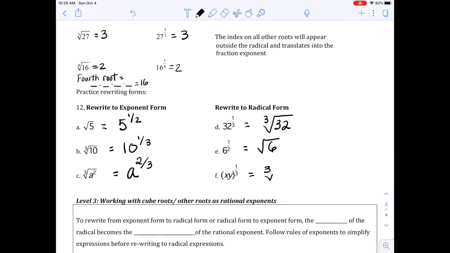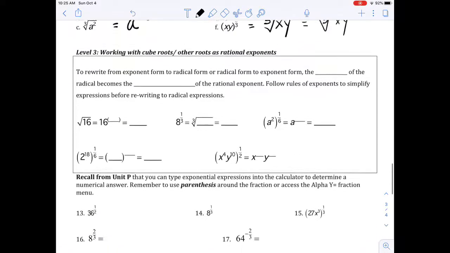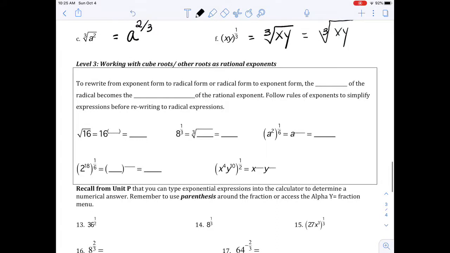Xy to the 1/3 is the cube root of xy. So 3 is my index. It's really important that you tuck that 3 into that little corner of the radical so that you don't think that it is 3 times the square root. Really important.